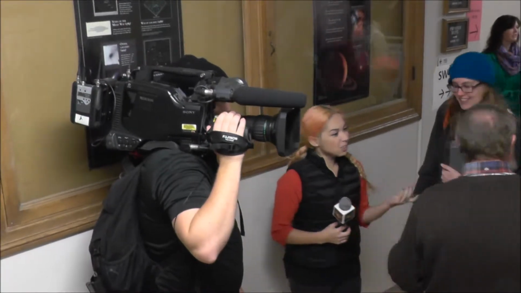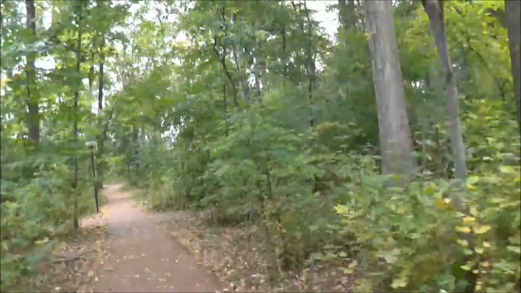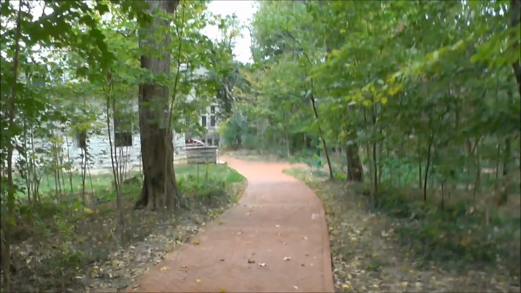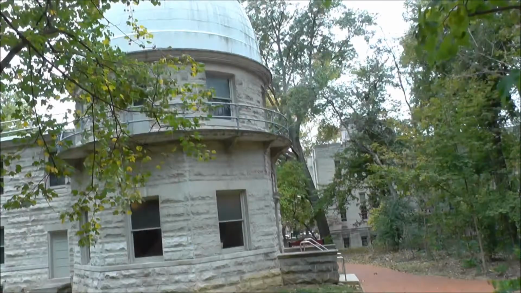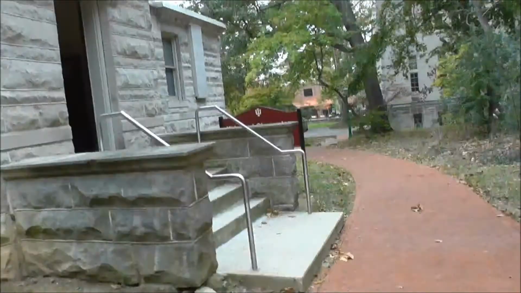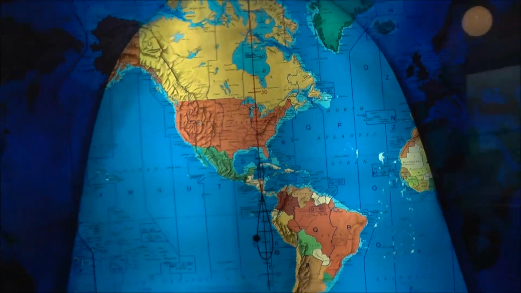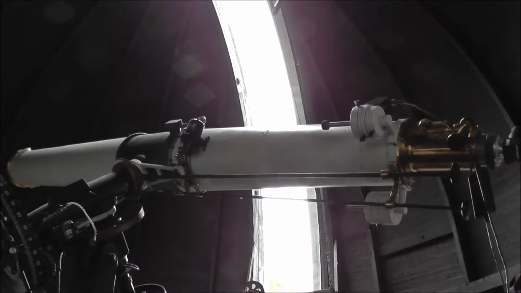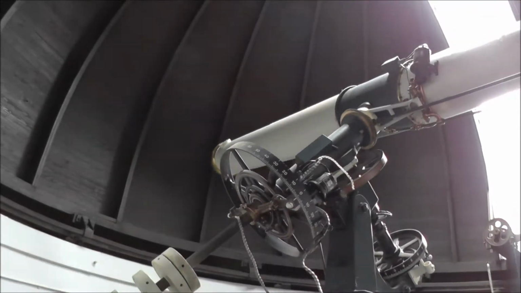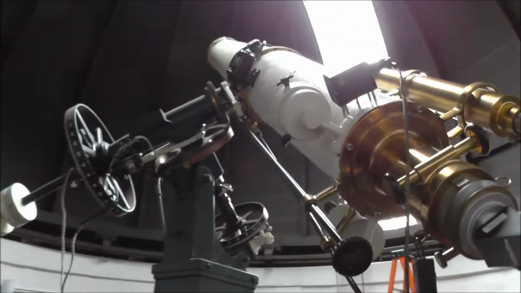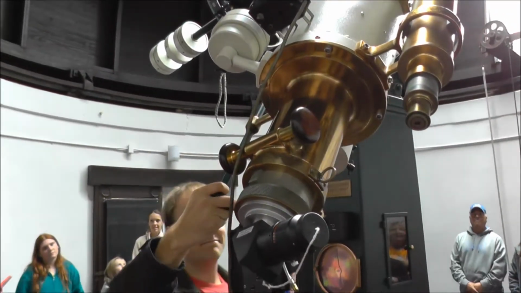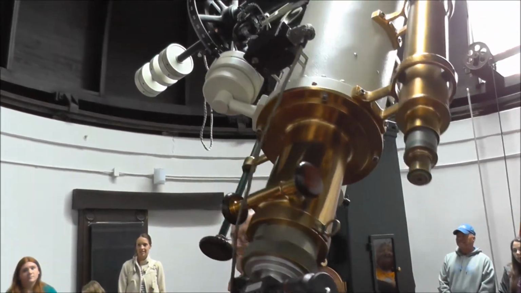What's going on there? The science forum? Oh, maybe after this one. I'll go back over there. So all modern day telescopes, we don't get the pleasure of using it for ships to move them around.